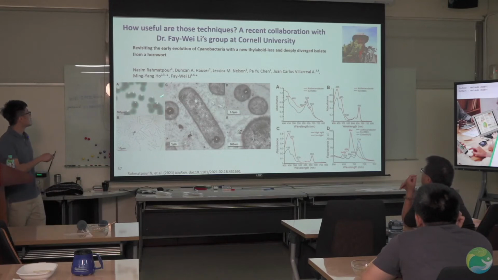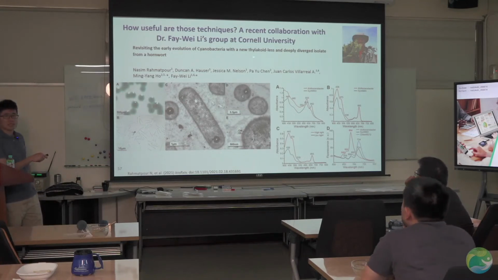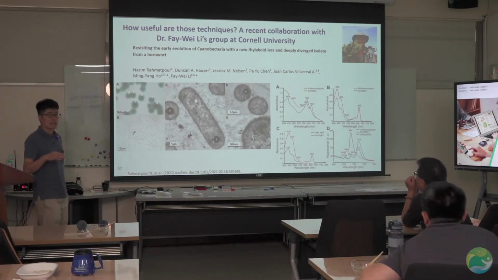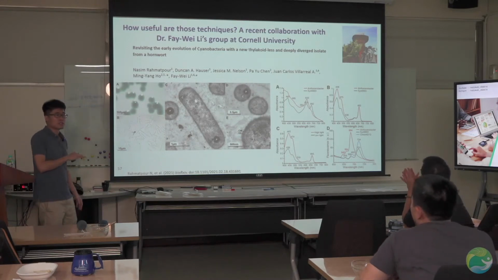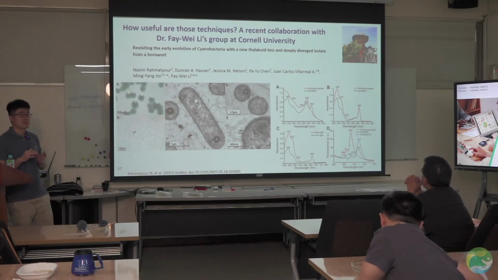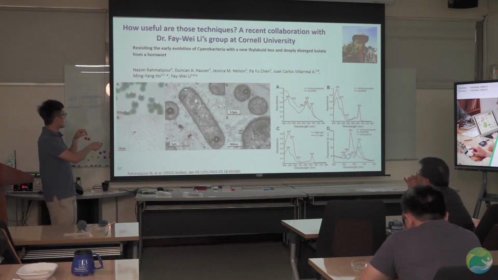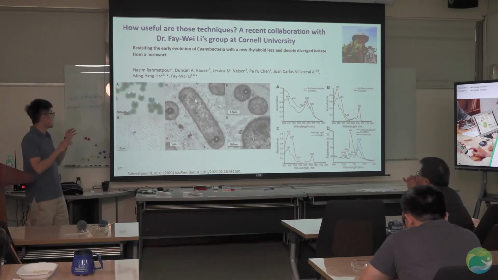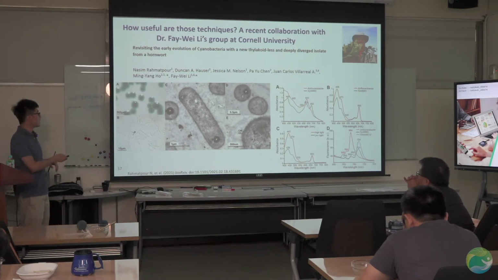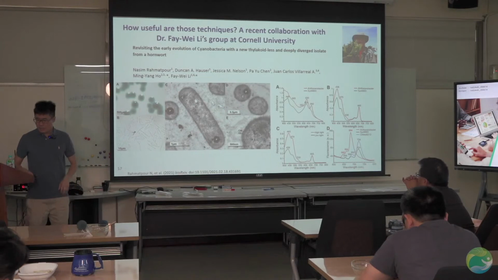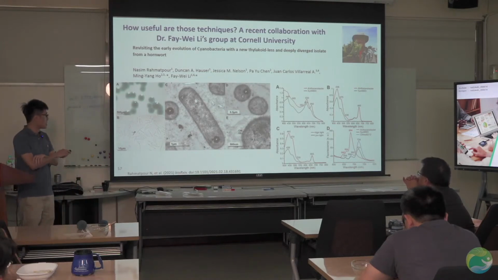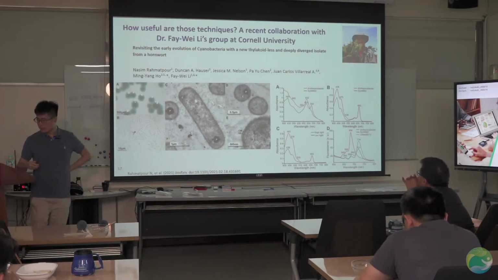This is a very early evolved cyanobacterium that doesn't have thylakoid membranes. As I mentioned, cyanobacteria usually have thylakoid membranes with photosystem 2 and 1 sitting on them. But this one doesn't have thylakoid membranes, and all the photosystem 2 and 1 are sitting on the plasma membrane. So characterizing this organism can tell us more about the evolution of photosynthesis and cyanobacteria.